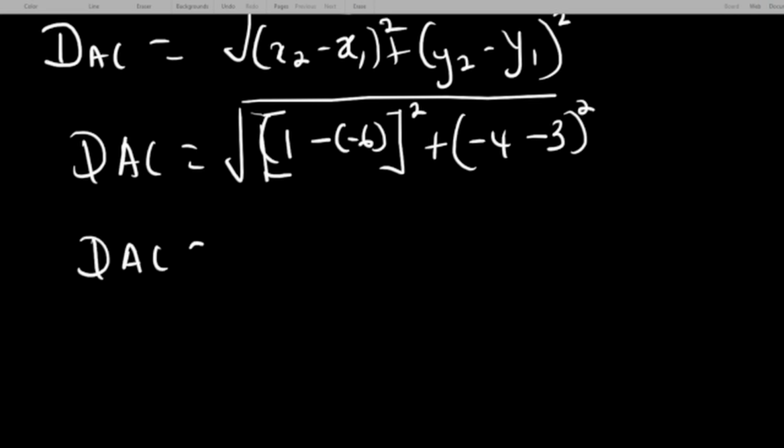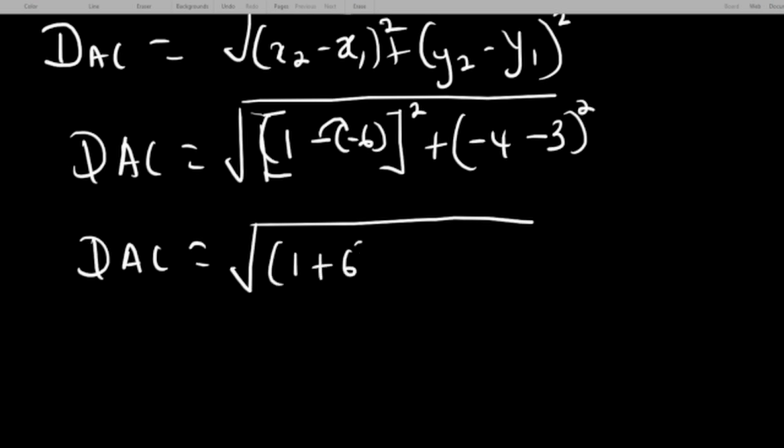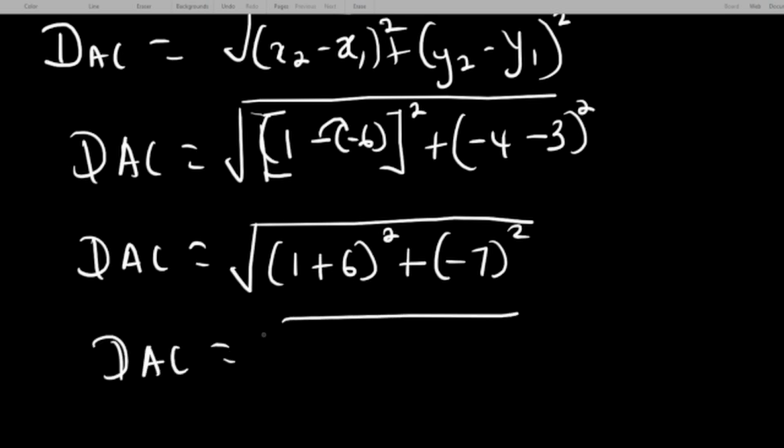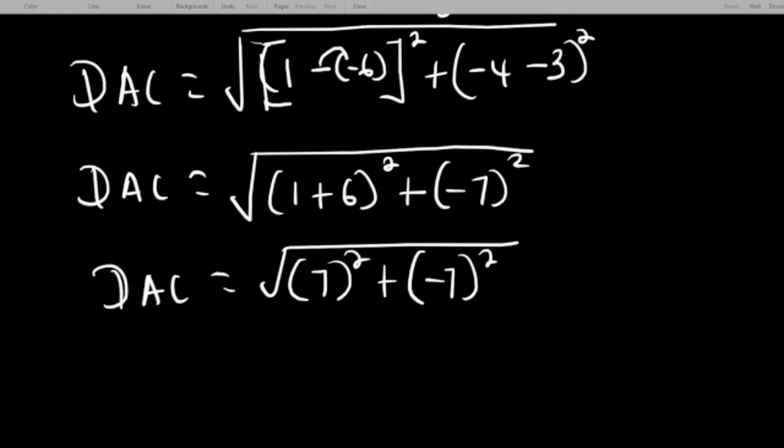Distance AC equals the square root. So let's simplify. Negative times negative is a plus, so we are left with 1 plus 6 all squared, then plus negative 4 minus 3, which is negative 7, so negative 7 all squared. Then distance AC equals 1 plus 6 is 7, so we have 7 all squared plus negative 7 all squared.